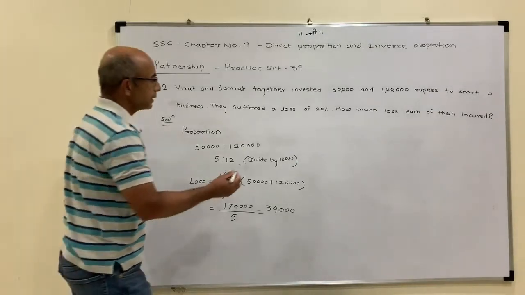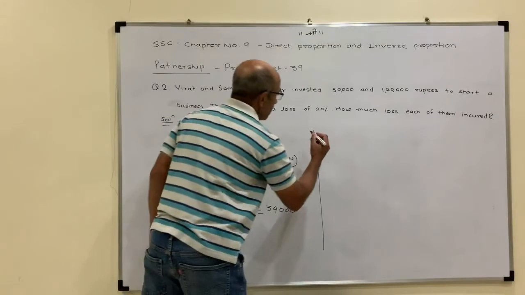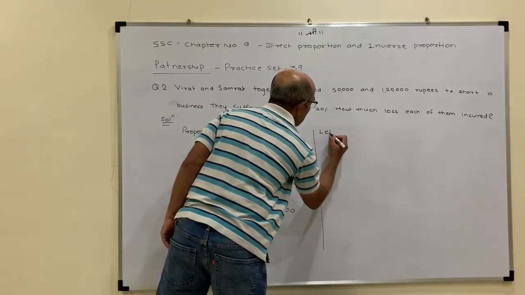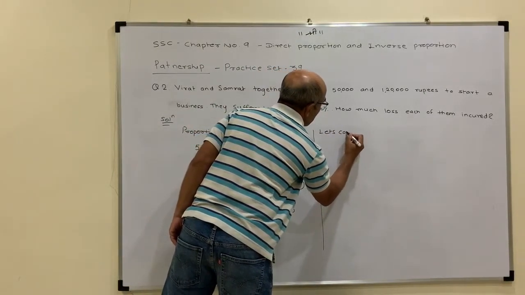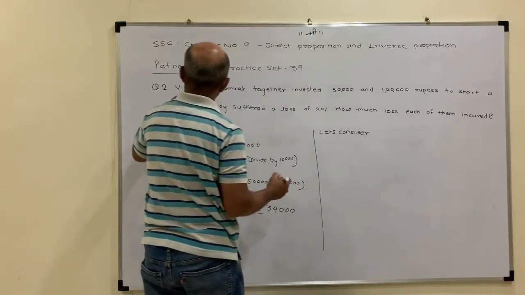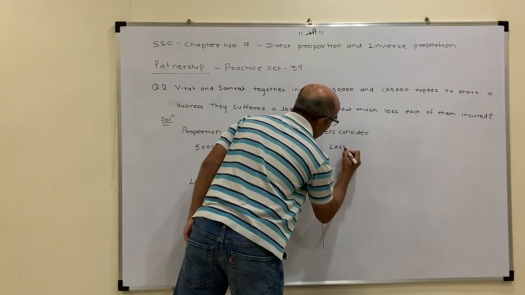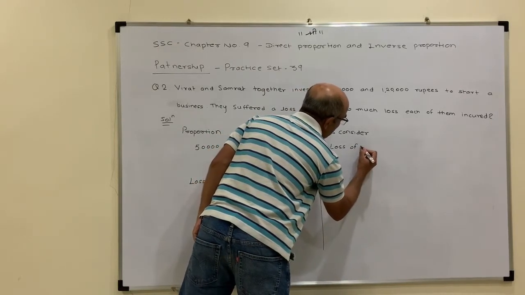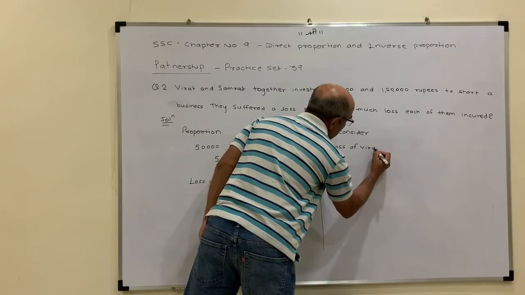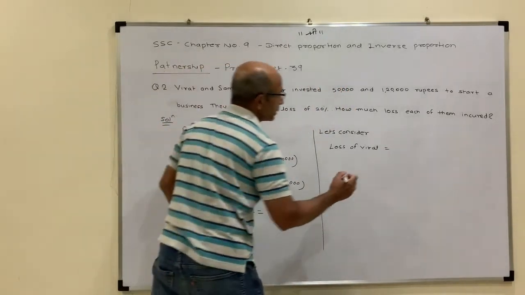Now we'll build the equation. Let's consider the loss of Virat equals 5x.